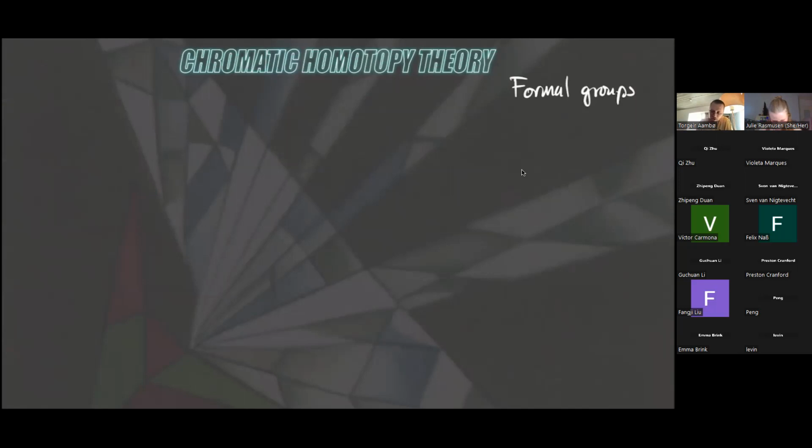But there's a connection between stable homotopy theory and formal groups, which is where chromatic phenomena arise in stable homotopy theory, because formal groups are stratified by an integer called its height, and you can use this to stratify stable homotopy theory with a bunch of different layers, giving you chromatic homotopy theory.